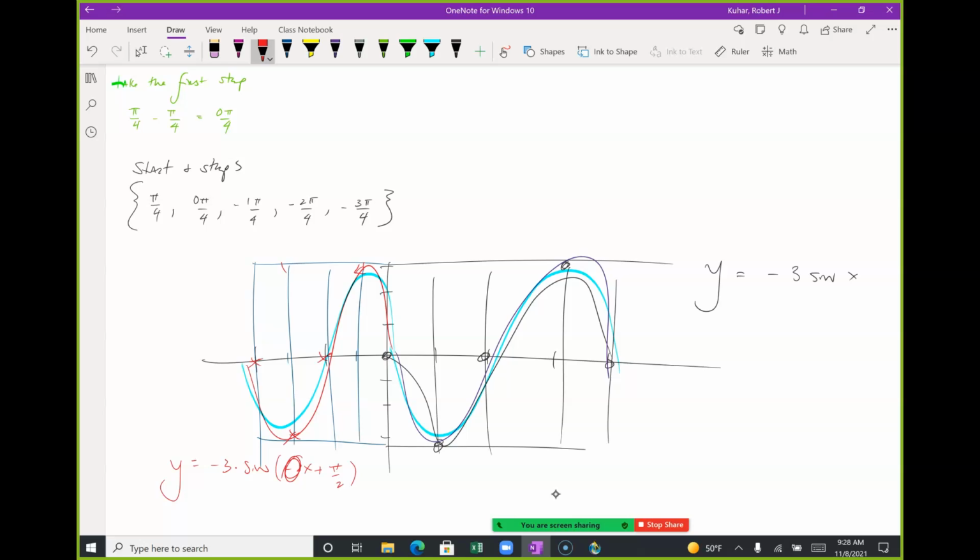And to get the quarter steps, you need to divide your period by 4? By 4, yep. To get a quarter. Okay. Those are your tick marks. Exactly. And I would want those on there, right? I would want minus pi over 4, minus 2 pi over 4, minus 3 pi over 4, minus 4 pi over 4.